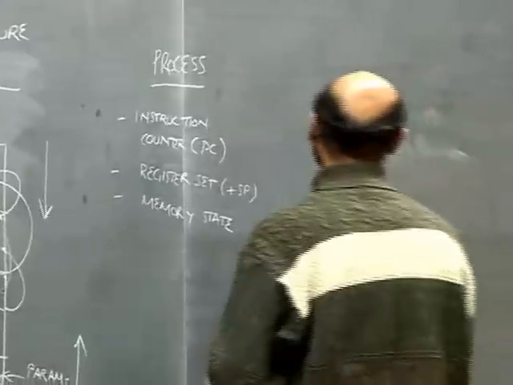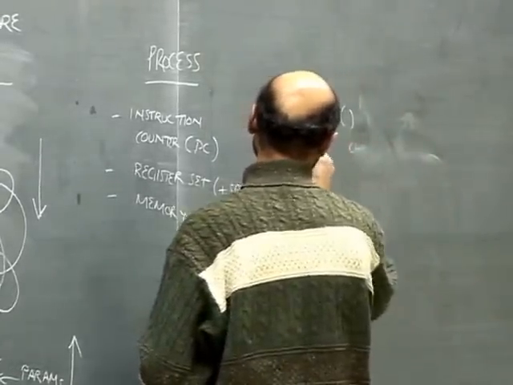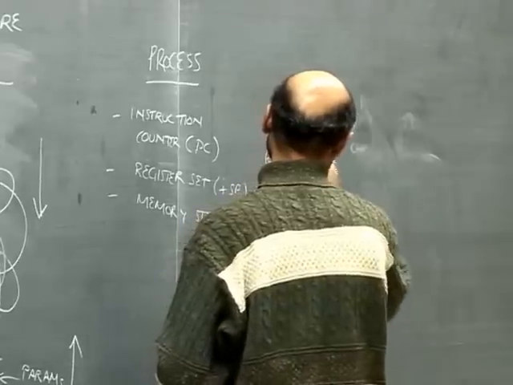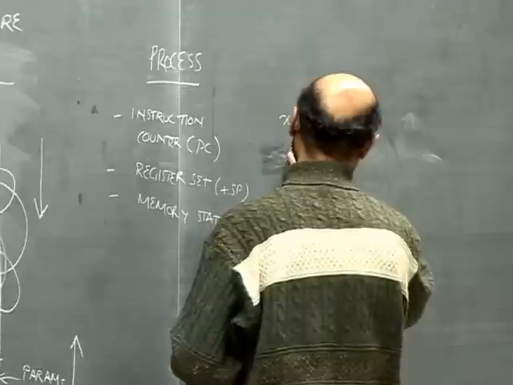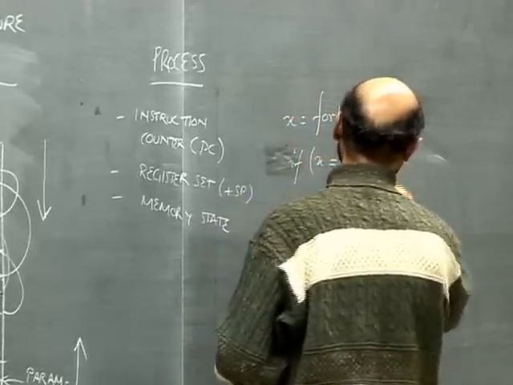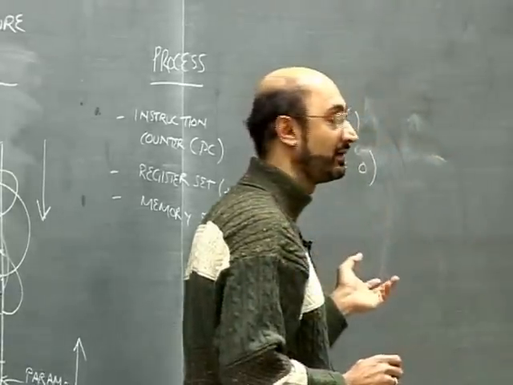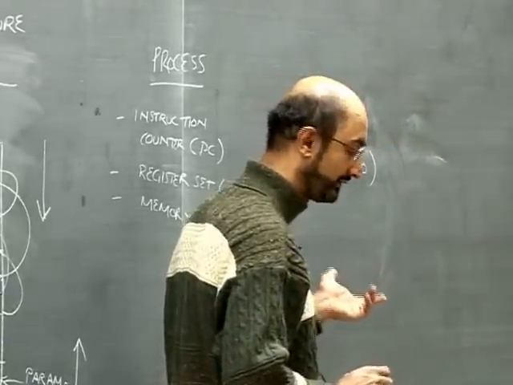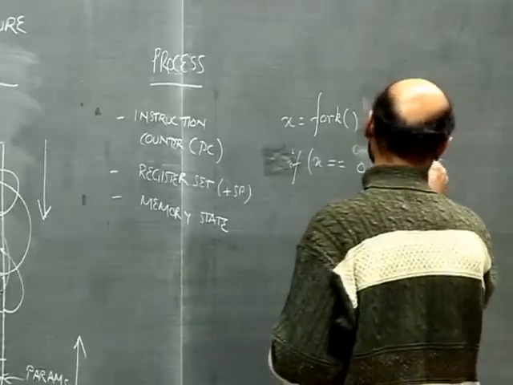Let's say x equals fork. If x is equal to 0, then is it the parent or the child? It's a child, I think. It's a child, thank you.